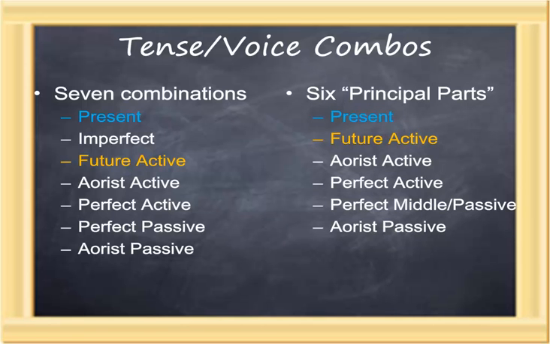Since the imperfect is formed on the present, Greek identifies 6 principal parts of the verb. Sometimes those parts are quite regular, sometimes they seem to be irregular, on the basis of which we build all the verbal combinations. Those principal parts are the present, future active, aorist active, perfect middle, sometimes called the perfect passive, and the aorist passive.